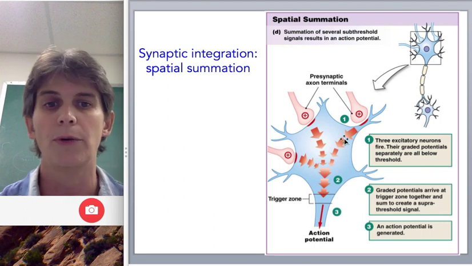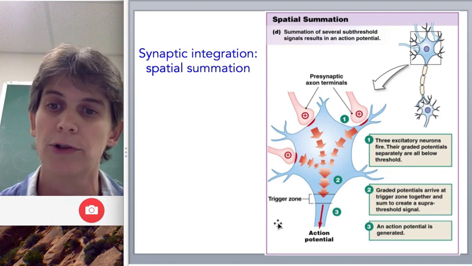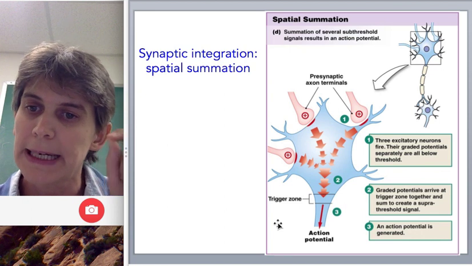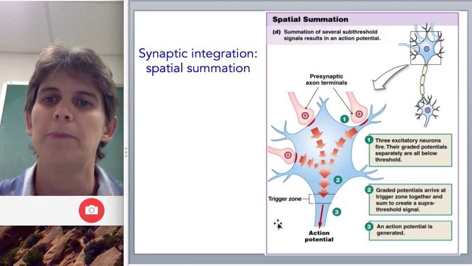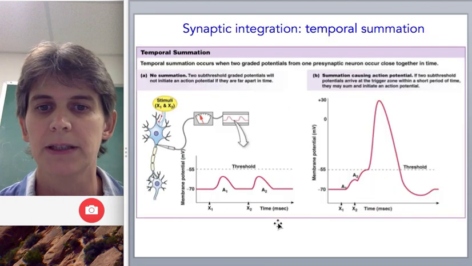Another possibility: you don't actually require multiple neurons to ever have an action potential. It is possible that you could have one input or just a few, but that it was repeatedly, in a short period of time, stimulating that postsynaptic cell.